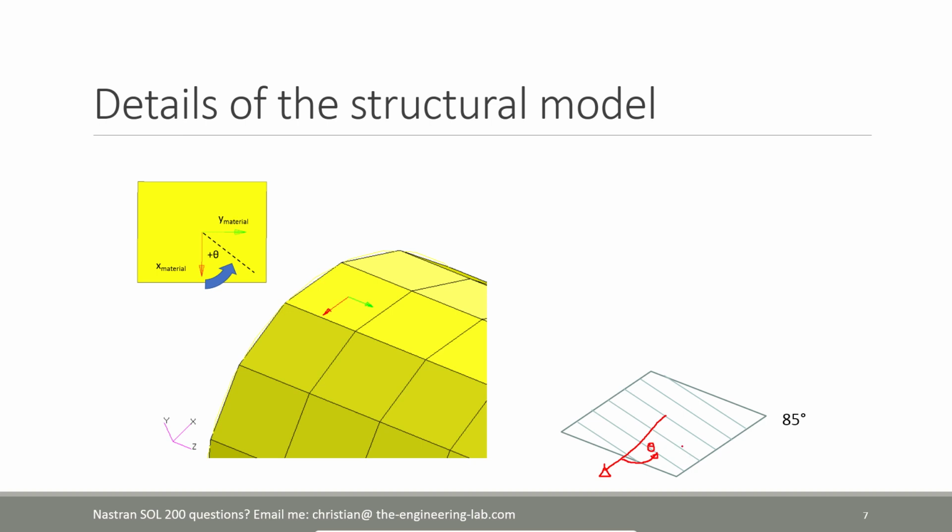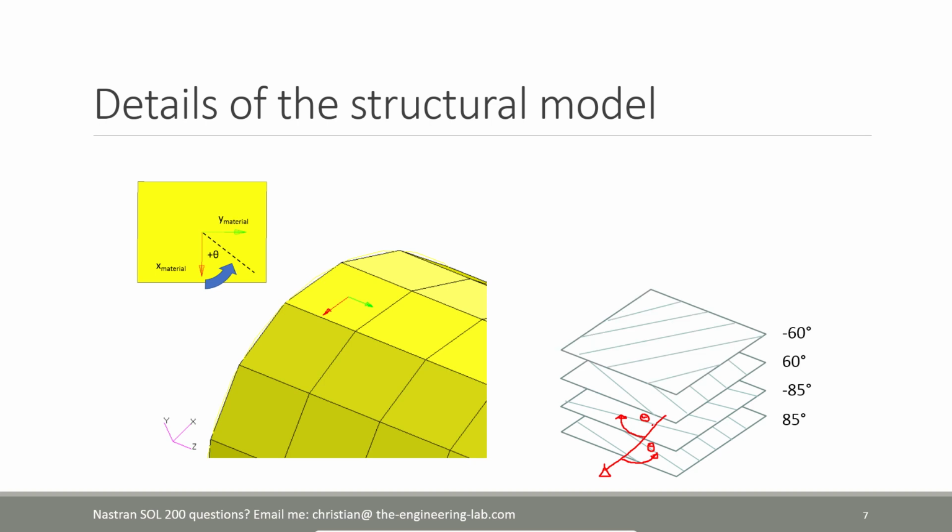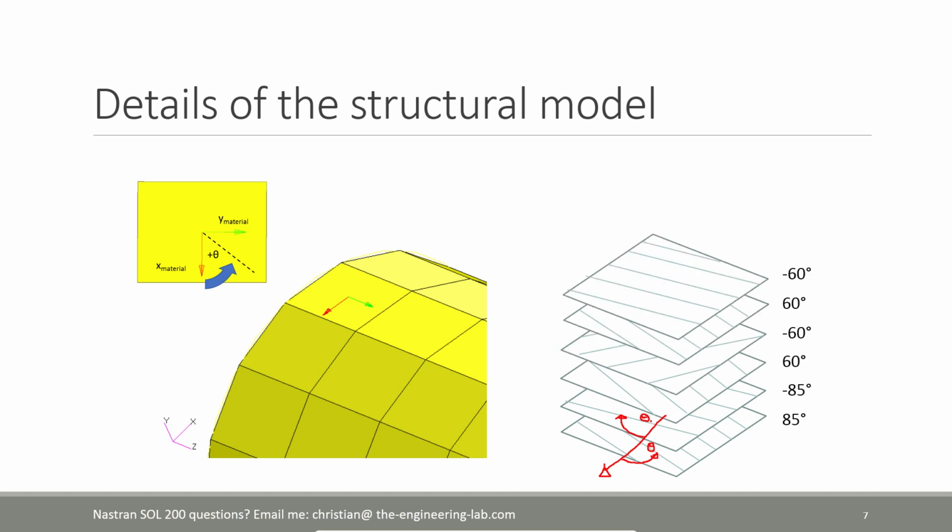And the same would be repeated for each ply. This one's negative 85, so from the positive X axis, you would go negative 85 and you will land here. And you repeat this process again and again for every other ply.